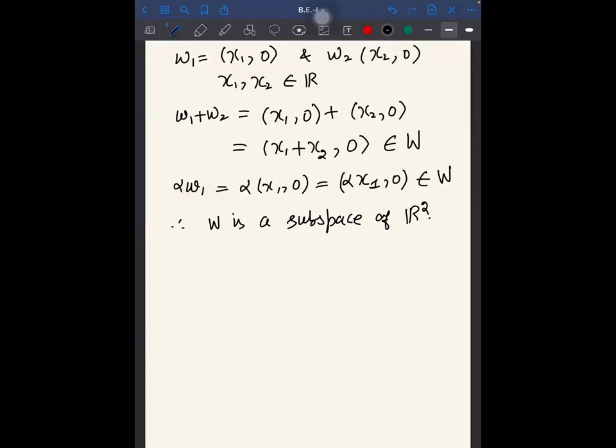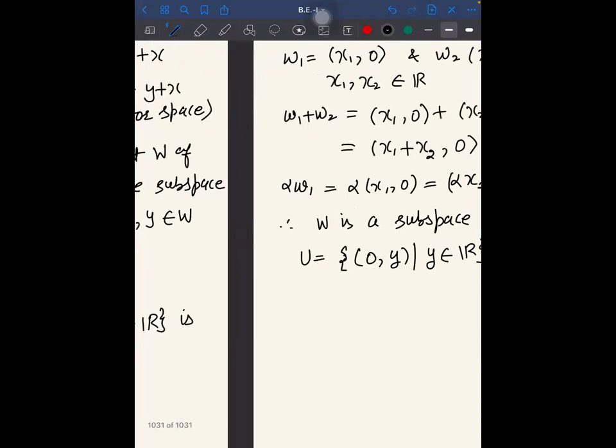So let's say instead of W, I've taken the set U, which looks like 0, Y, where Y belongs to the real. Will this be a subspace of R2? Yes, sir.